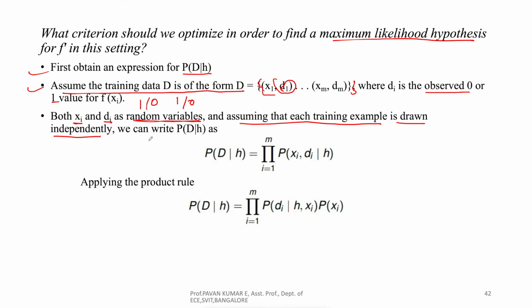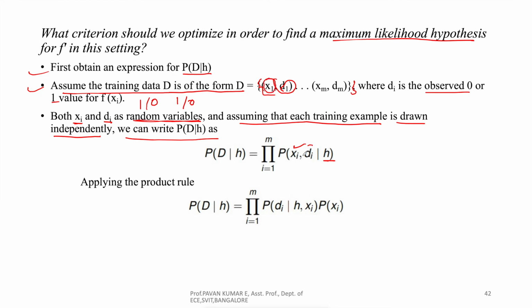So by using that concept we can write P of D given h as the product for i equal to 1 to m of P of xi comma di given h. So what is x? X is nothing but this value.